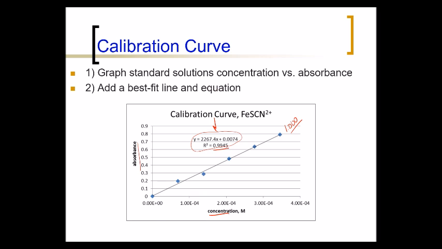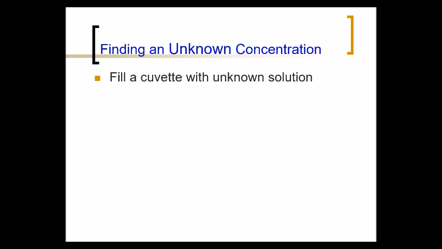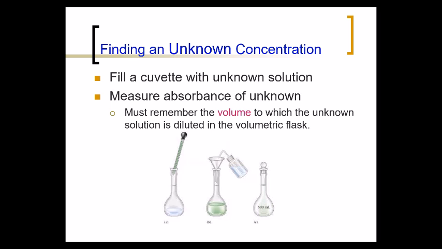Why is that important? Because once you do that, you get this best fit line, that y equals mx plus b, and we need it because that's going to equate to Beer's law. Oh, before we get to Beer's law, in order to determine your unknown, once you've built your calibration curve, all you have to do is stick your unknown solution in a cuvette, measure the absorbance, and remember the volume to which you diluted it before you put it in the cuvette.